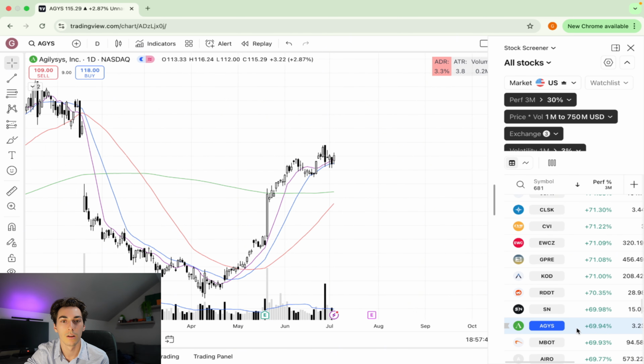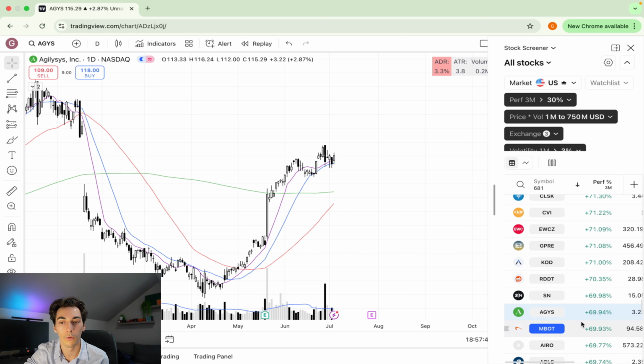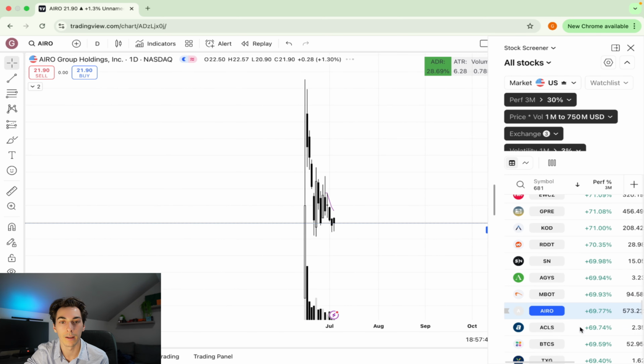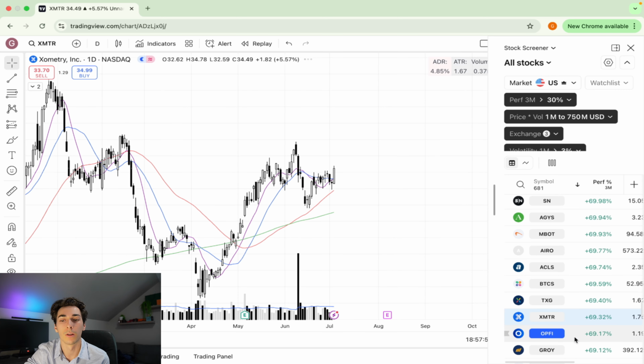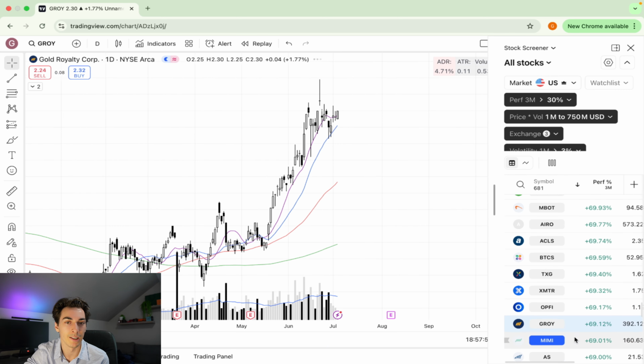This has a low ADR. With an ADR under 4, I don't really like them unless it is a perfect setup, for example, because it just means that it moves pretty slow.